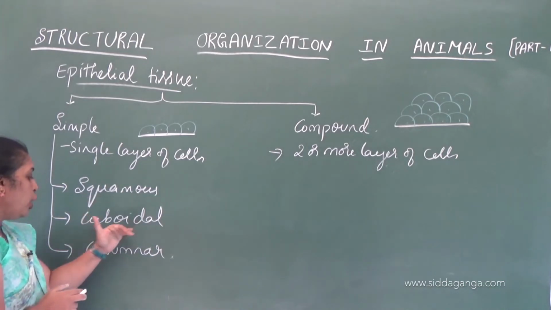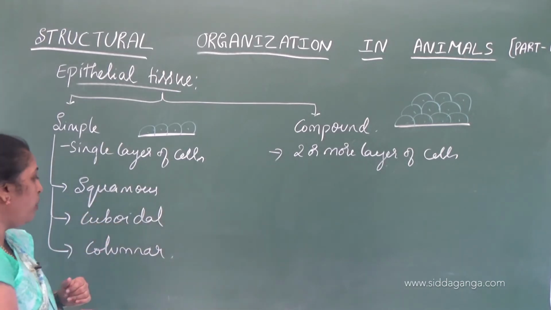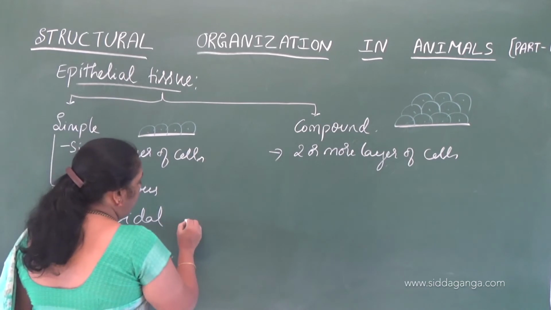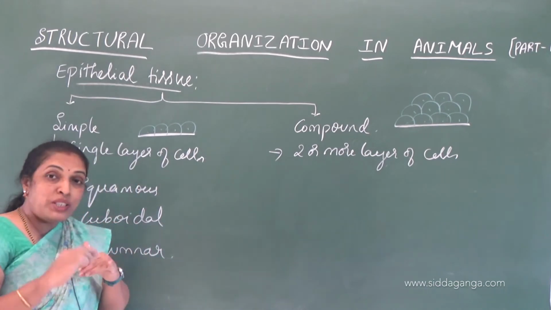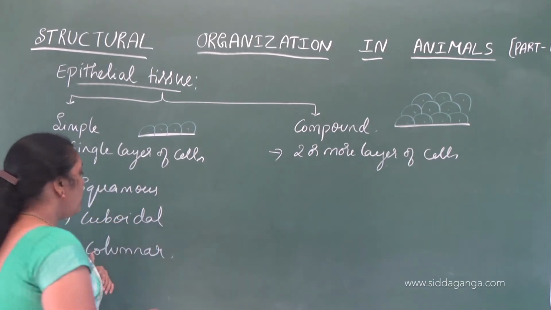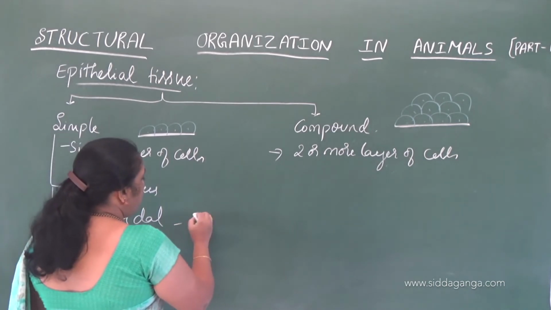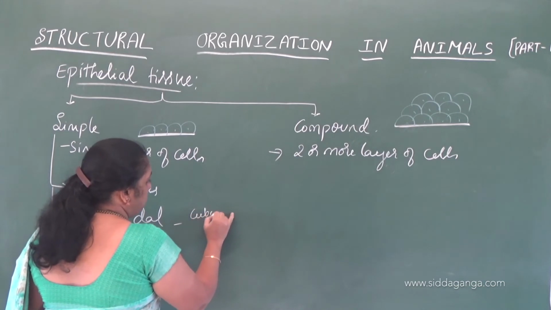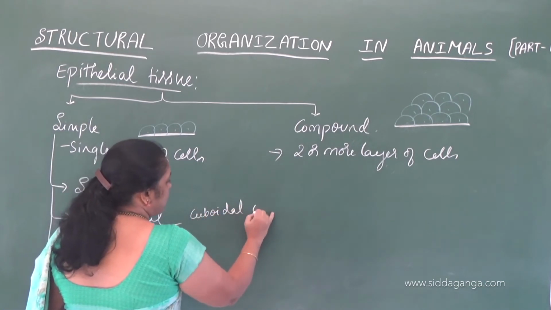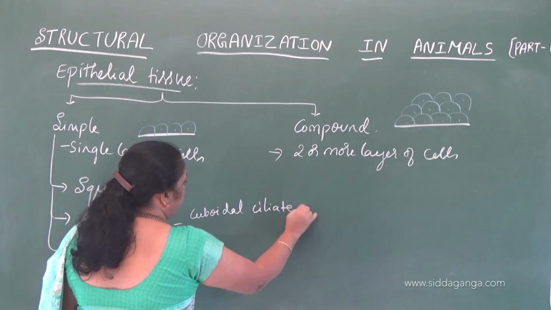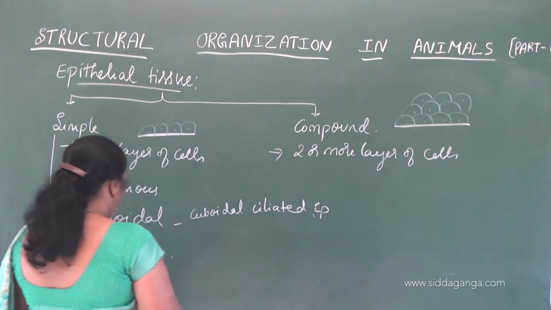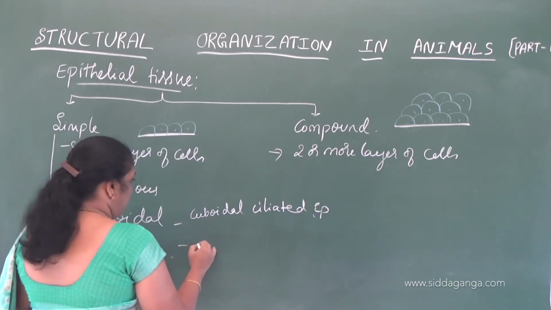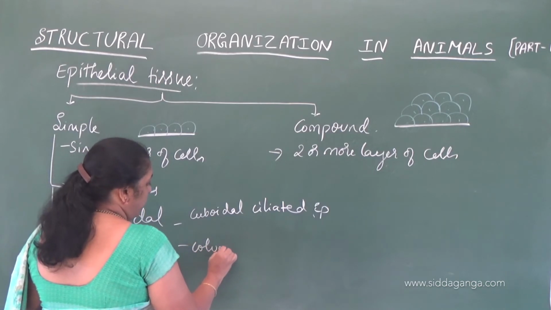And if the cuboidal and columnar epithelium have cilia on their free surface, they are called ciliated epithelium.